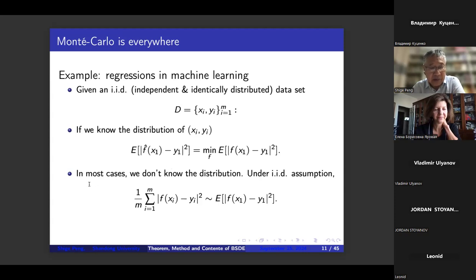Here people use the Monte Carlo method, because in this case we see that the average of f(xi) minus yi squared, when m is sufficiently large, becomes very approximate to the value of this expectation.